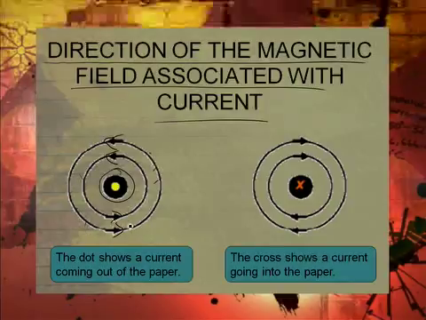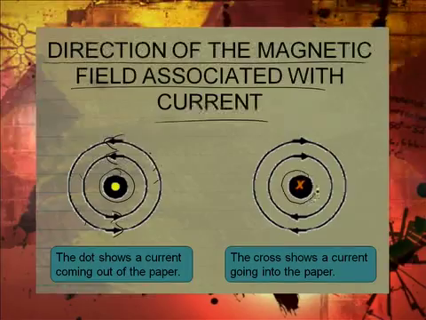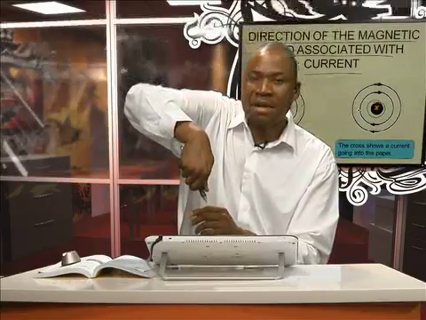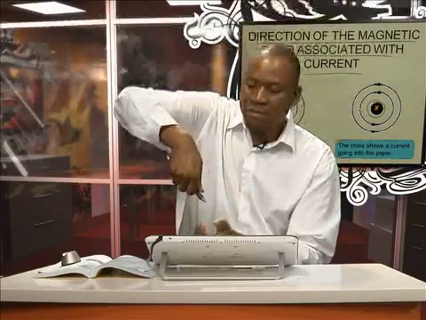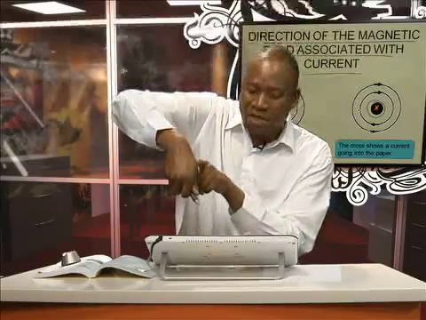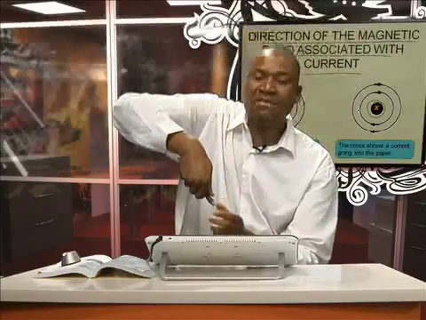If the current is going into the page, we make use of an X to show that the current is going into the page. So in my case here, I will have that representing the current into the page. And because the current is into the page, just look at my palm here. The thumb pointing in the direction of current into the page, my curled fingers giving me the direction of the magnetic field.